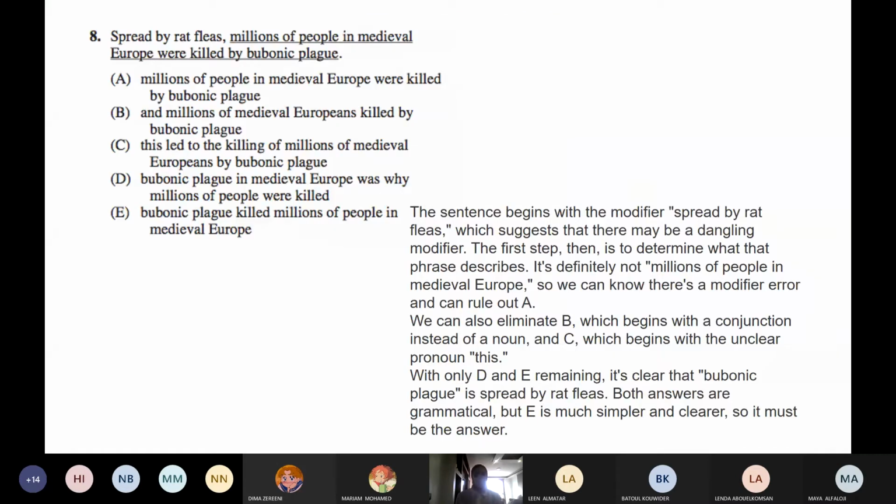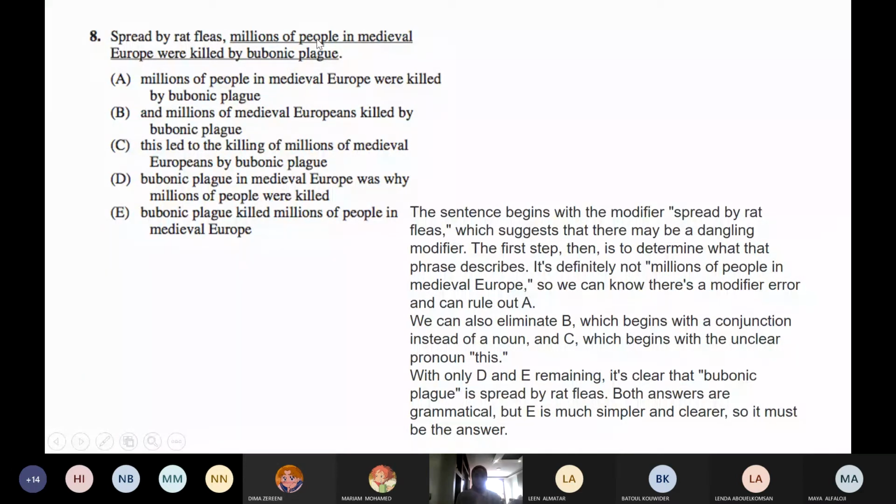Okay, look at this sentence. This question is a form of SAD, the writing section. Spread by rat fleas, millions of people in medieval Europe were killed by bubonic plague. Spread by rat fleas, millions of people.